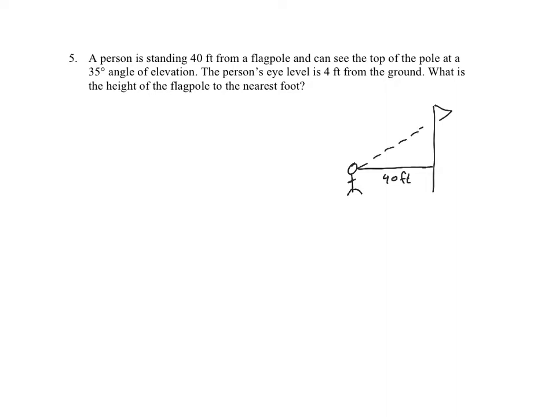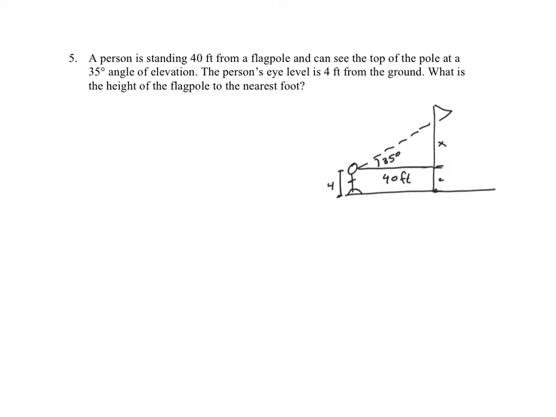The angle of elevation is this angle right here. It's creating a 55-degree angle. The person's eye level is 4 feet from the ground. So that means that this space is 4. And what is the height of the flagpole? So we want to find this height, right? So this piece right here is 4, and I want to find x.